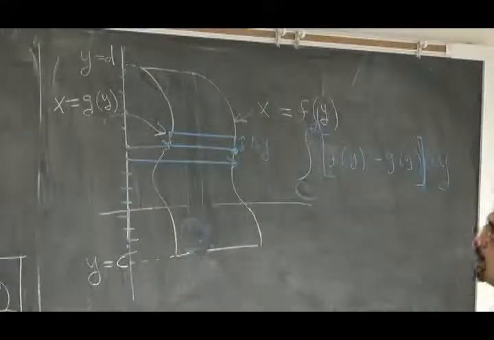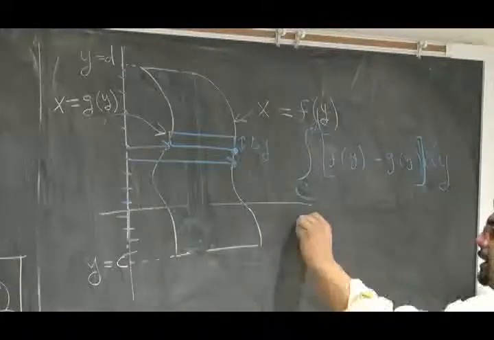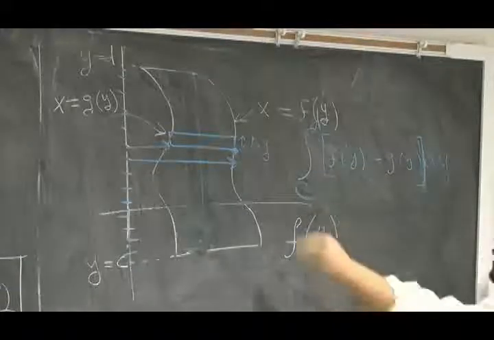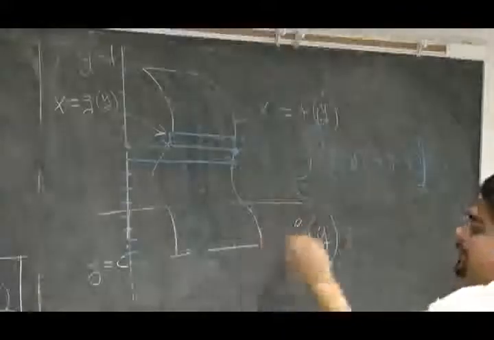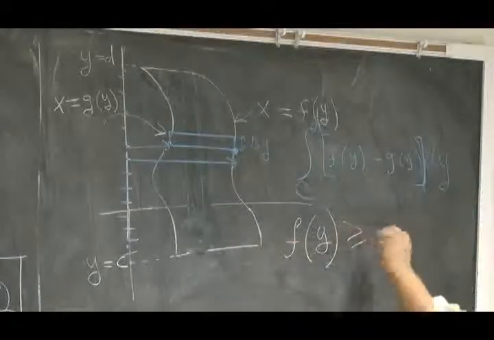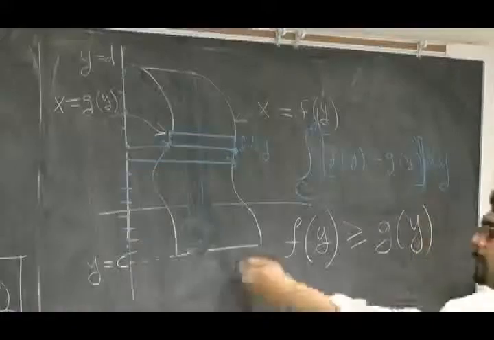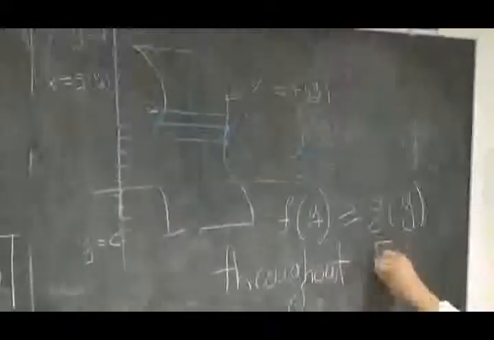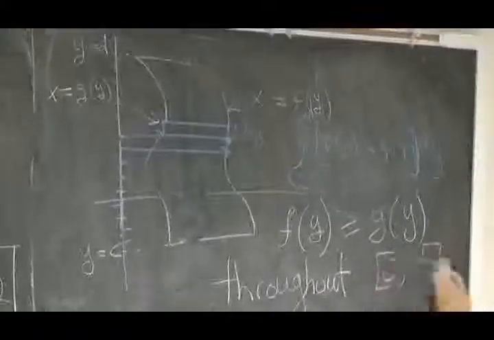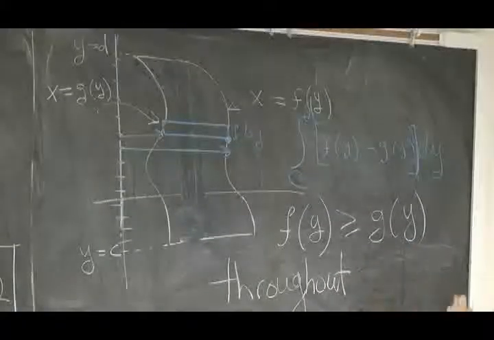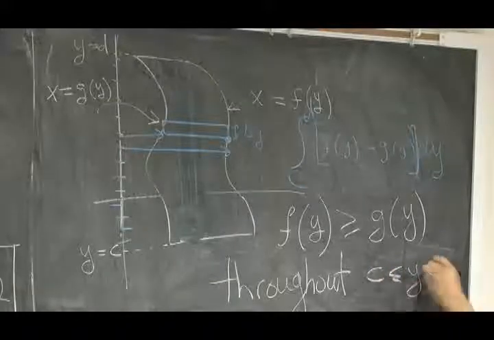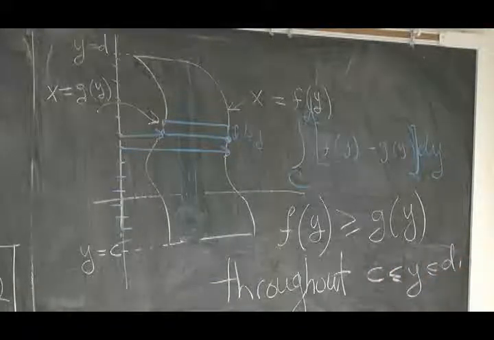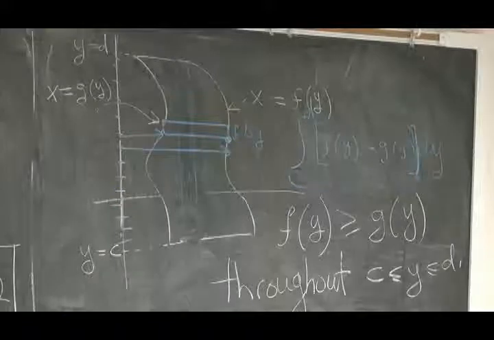Again, this works provided that throughout the interval, the function that's to the right is always to the right of the other function. Throughout this interval. Okay? Again, if they switch places at any point, I have to take those sets of problems separately. All right?